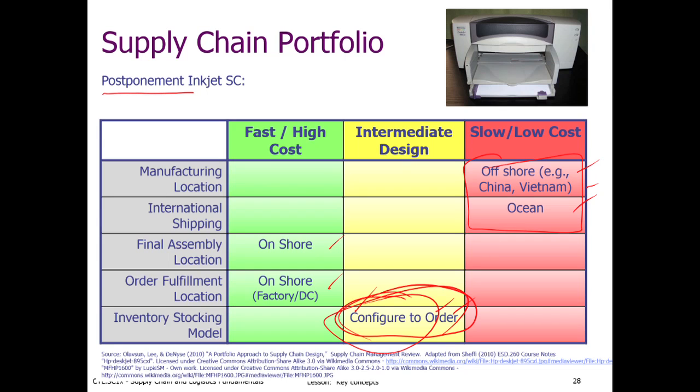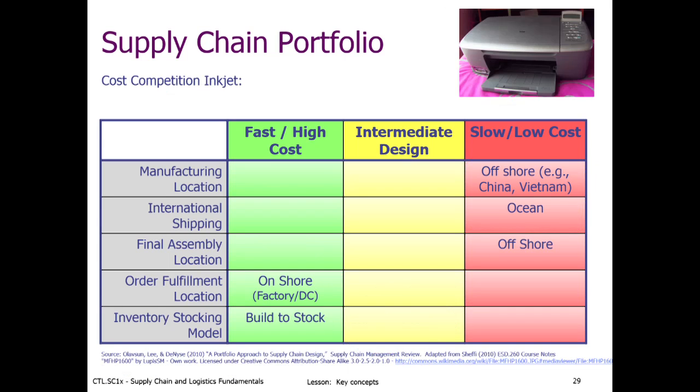They don't still service it this way. They've shifted over the last several years to this model where they still produce in a low-cost manufacturing environment. They ship by ocean. Final assembly though now is offshore. And so they found that there's a lower cost here, and what's really driven this is that the product itself, think about the late 1980s, early 1990s, the market for home printers was new.